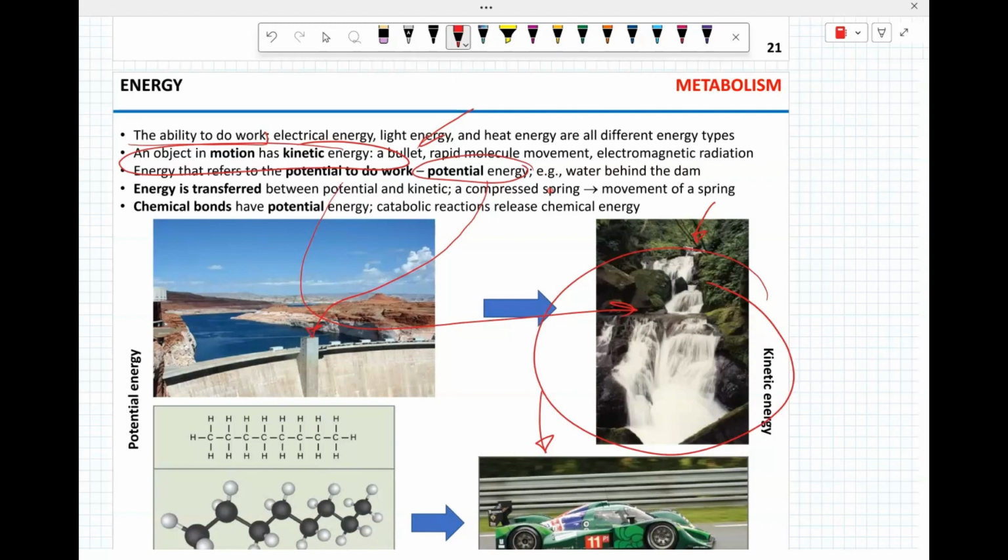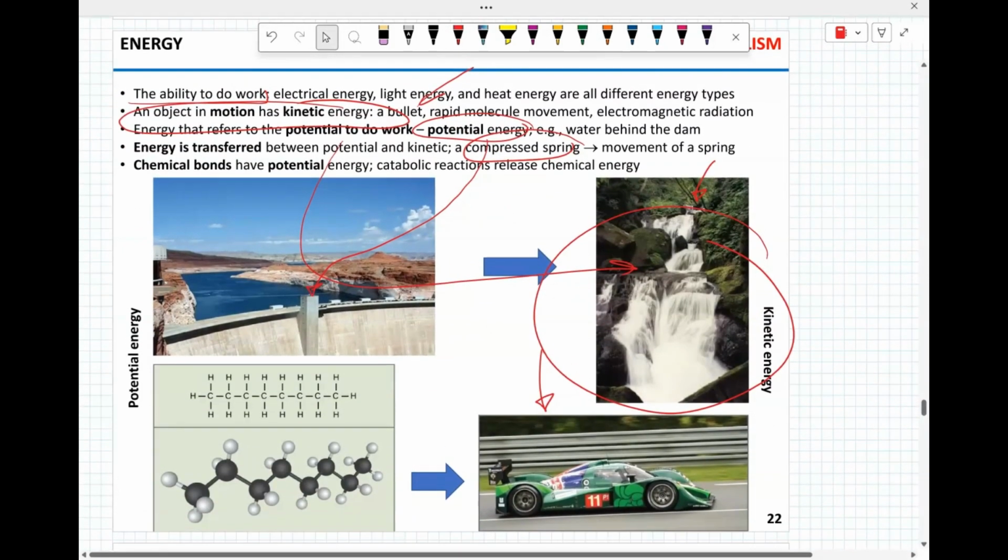Now, energy is constantly transferred. It can be transferred from potential to kinetic when you open the dam. You can use your force to move the spring, to compress it, so you convert kinetic energy of your hands into potential energy of the compressed spring. Chemical energy can be converted into kinetic.